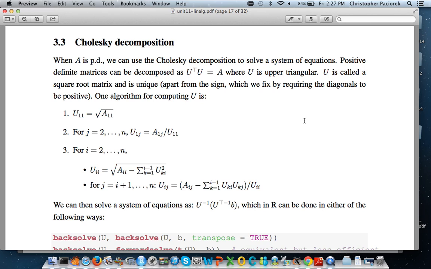So, how do I want to write this? We know that we have U transpose U equals A, and so I've got A11, A12, A1n, A22, A2n.